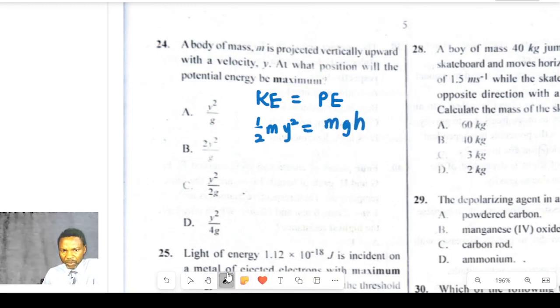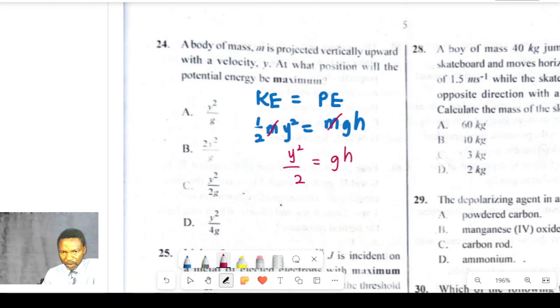Then take note, because it's the same object, m cancels. So you have y squared over 2 is equal to gh. So the maximum height is equal to y squared over 2g. So that is C.